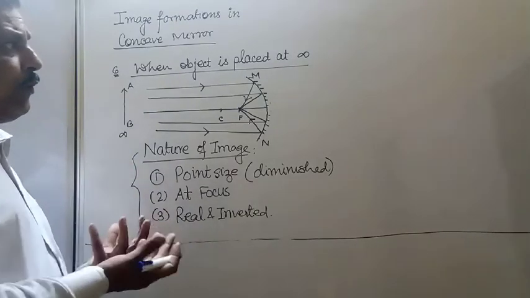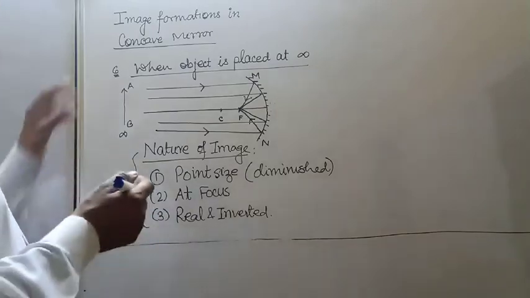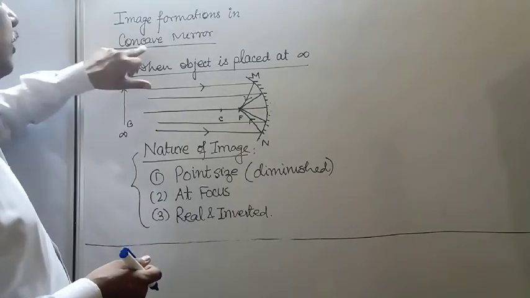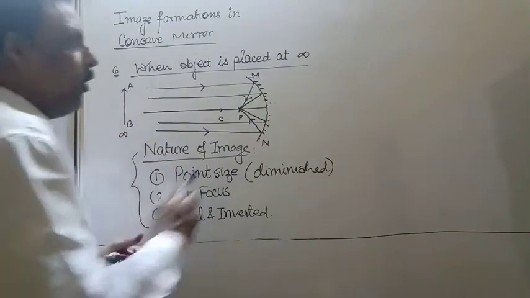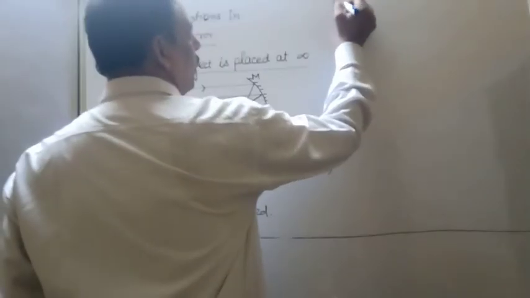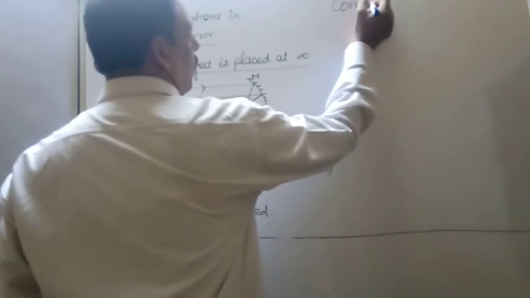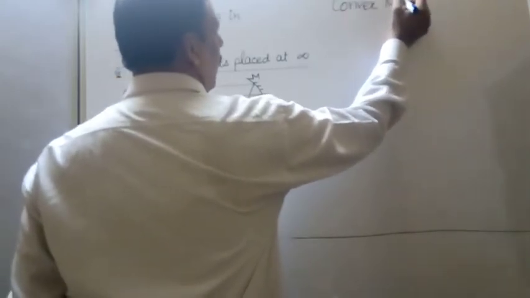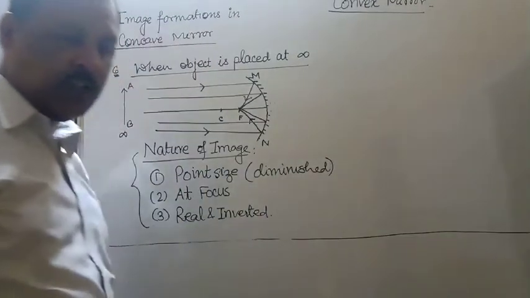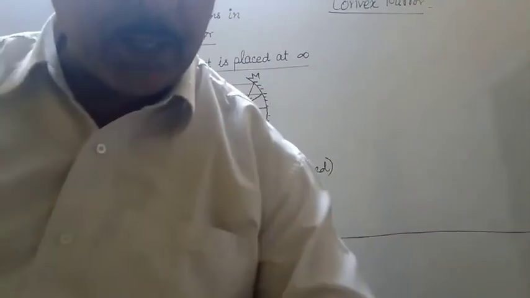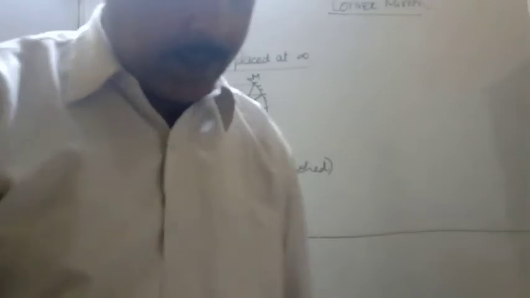Those are the diagrams with the concave mirror. Now we are coming to convex mirror. How the image is formed with convex mirror, this we will take care of.